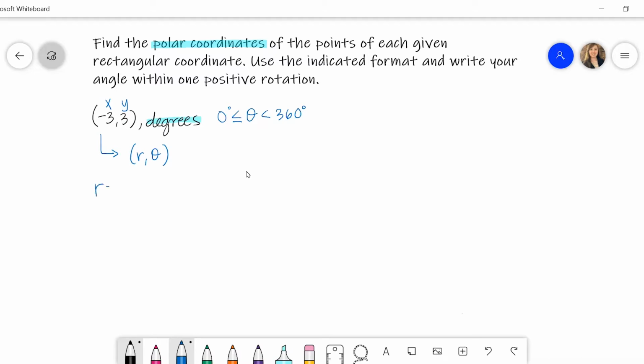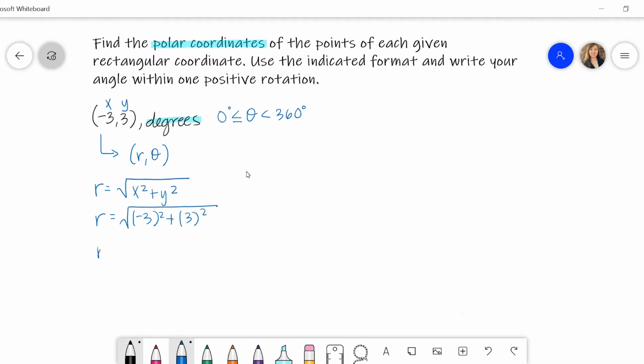In order to find r, we use our favorite, r is equal to the square root of x squared plus y squared. It's a half sibling to the Pythagorean theorem, looks a lot like the Pythagorean theorem. So we're going to get r is equal to the square root of -3 squared plus 3 squared.